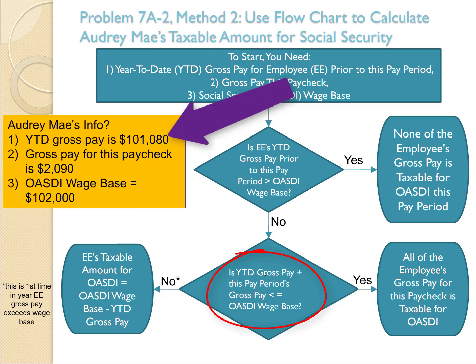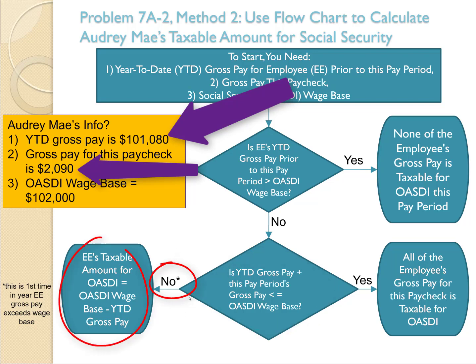Is the year-to-date gross pay, which is $101,080, plus this pay period's gross pay, so is $101,080 plus $2,090, less than the wage base? No, it's not.